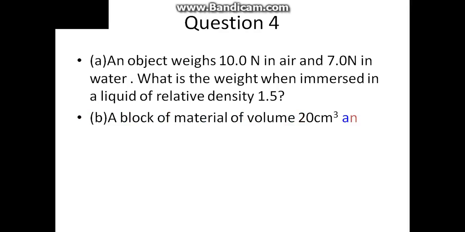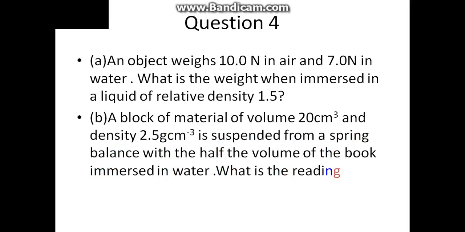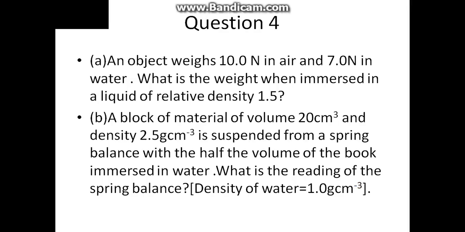B. A block of material of volume 20 cm cube and density 2.5 gram per cm cube is suspended from a spring balance with half of the volume of the block immersed in water. What is the reading of the spring balance? Density of water equals 1.0 gram per cm cube.